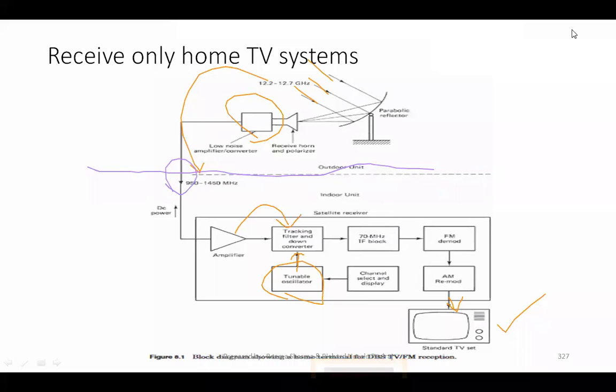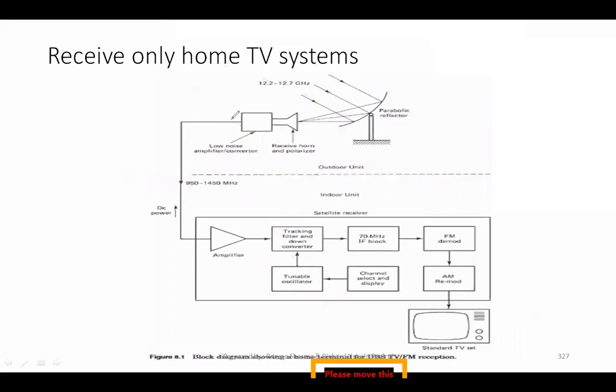Before connecting to our home unit, they connect this wire to the device, and they check what percentage of signal is received.